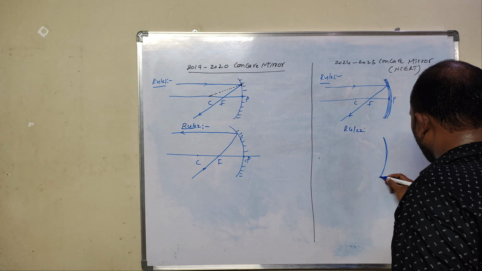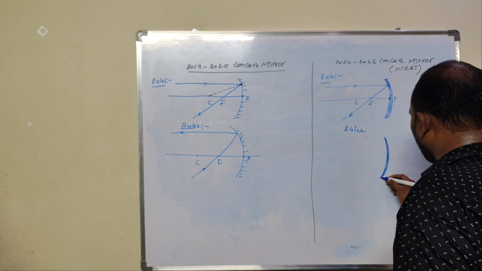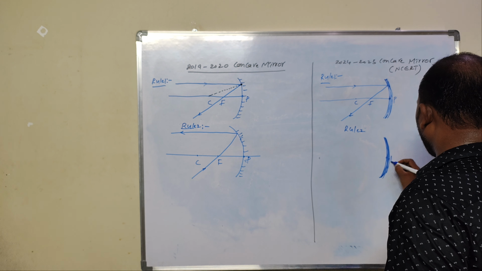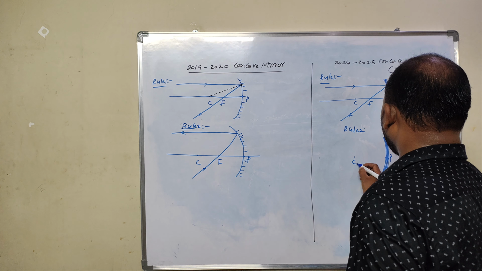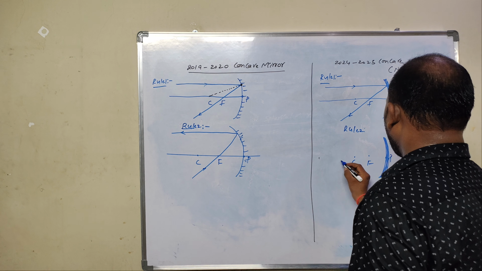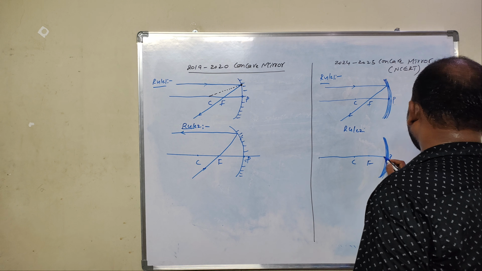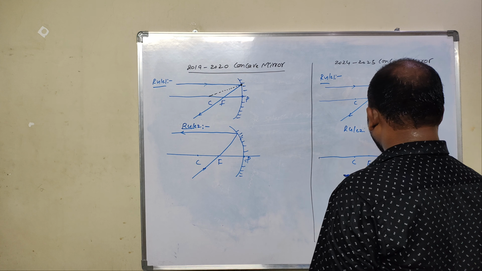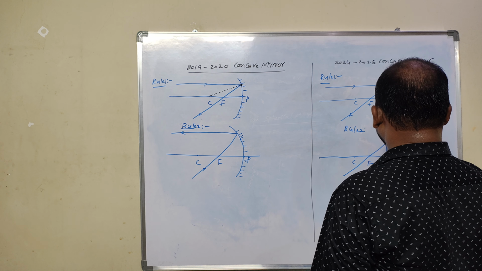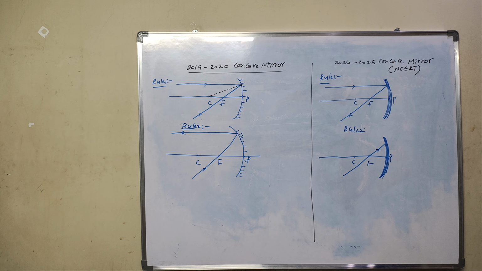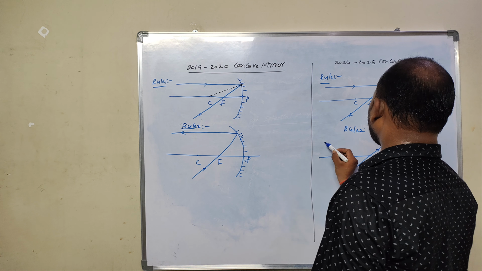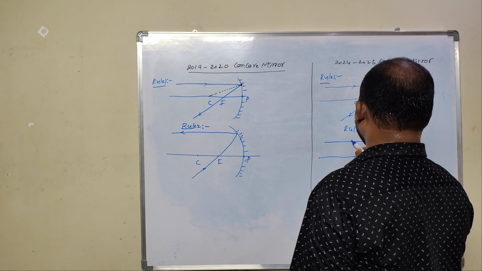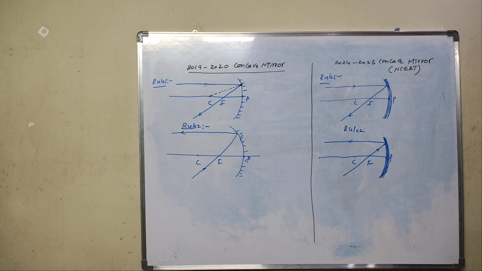For rule two, there is a little bit of change in the diagram, so observe. P, here C, this is F. Now we draw a principal axis. Once again, a ray passes through focus and goes parallel to principal axis.